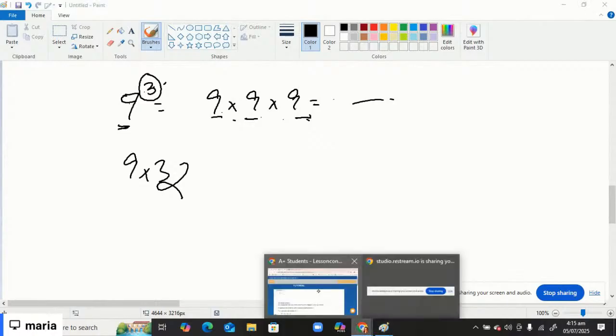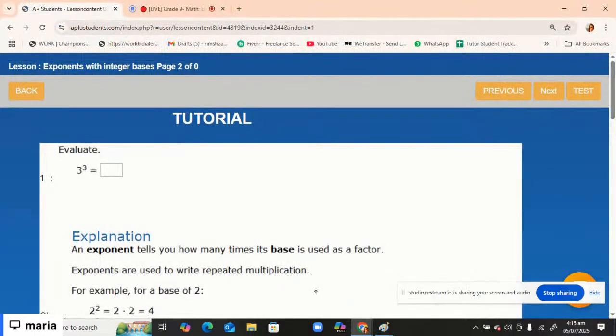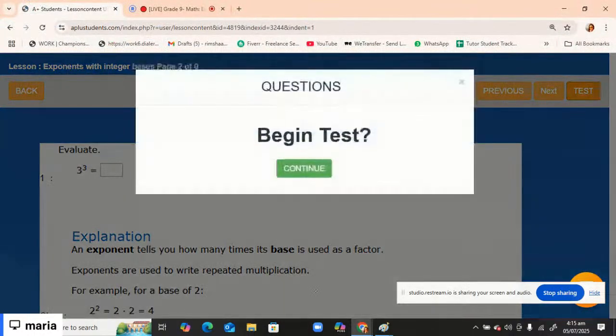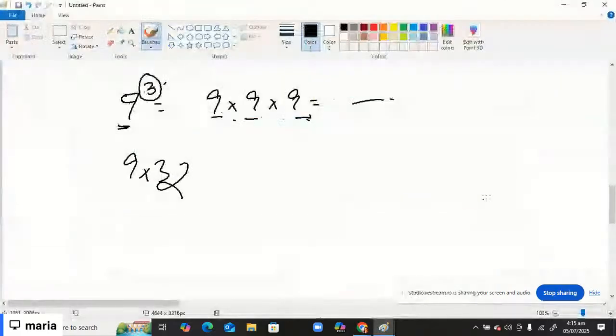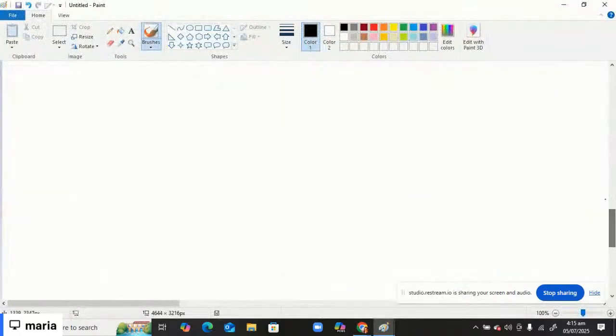Okay, now let's discuss the test questions. So here 3 power 2. How to do it? Everyone tell me in the chat how to solve this one. This is very easy.